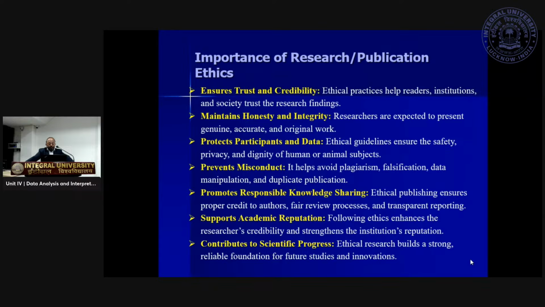Support academic reputation. Following ethics enhances the researchers' credibility and strengthens the institution's reputation. And we are getting NAAC A++ or NIRF ranking. These are based on the research work that has been done. In this university, there was a very small number of publications, which came from the science background only.